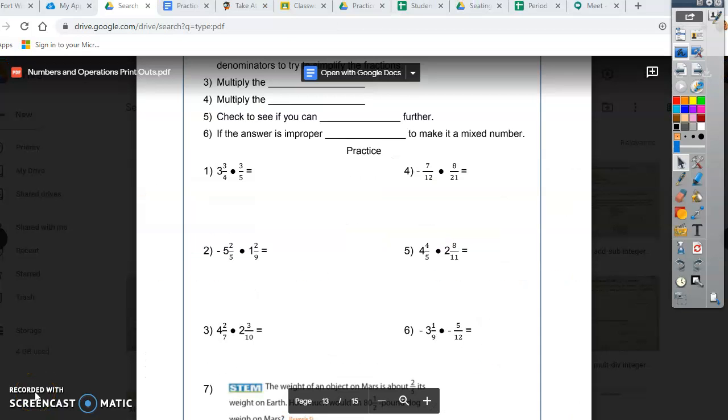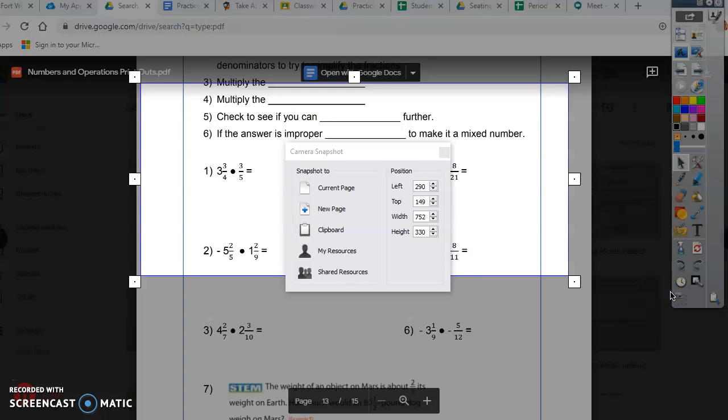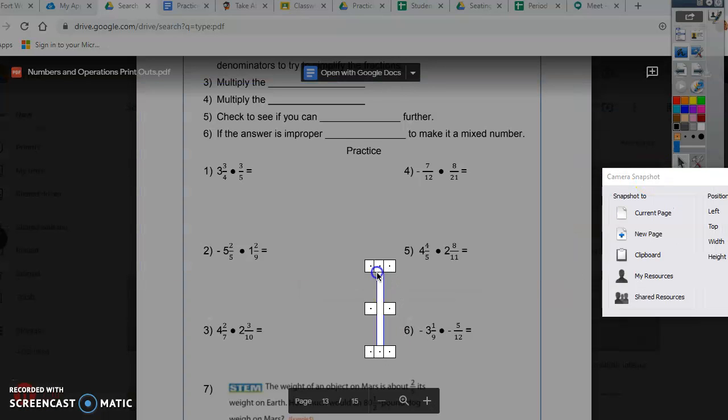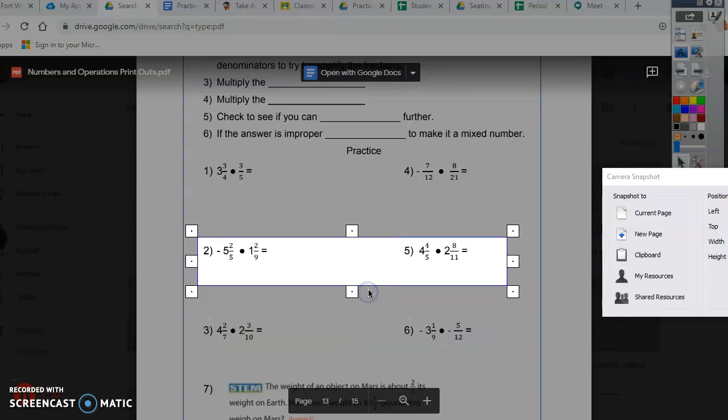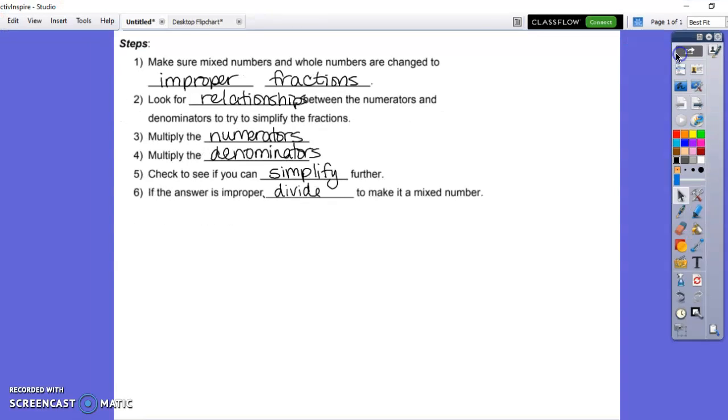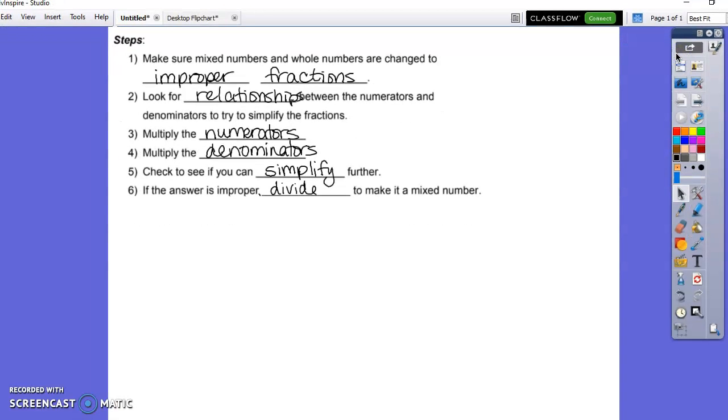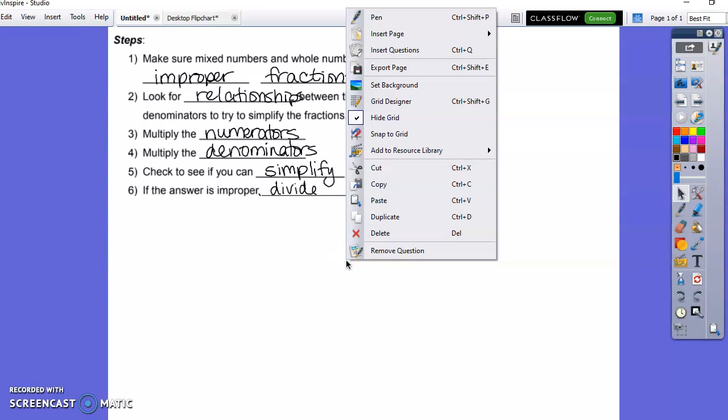So my page went away for a second, so I'm going to copy this and put it on the next page. Okay, so clipboard, I'm going to put it here so we can see the directions, or the steps.